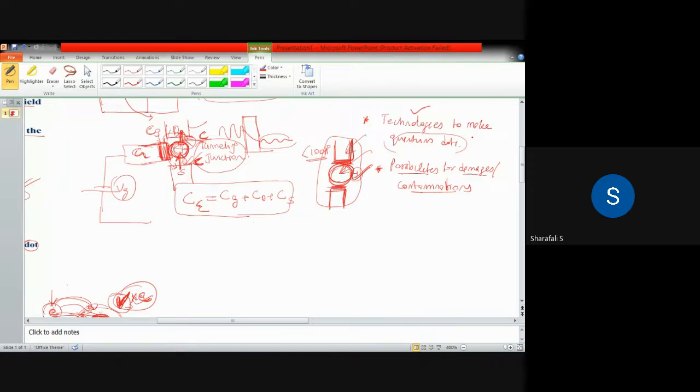And also the technique must have very high reproducibility, and also it has to be controllable.